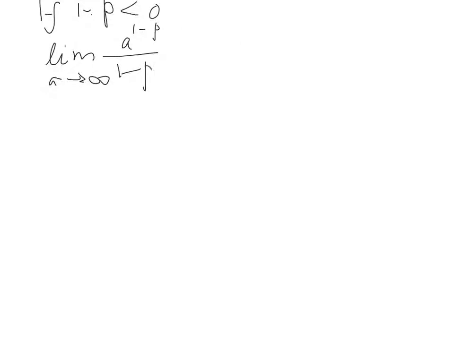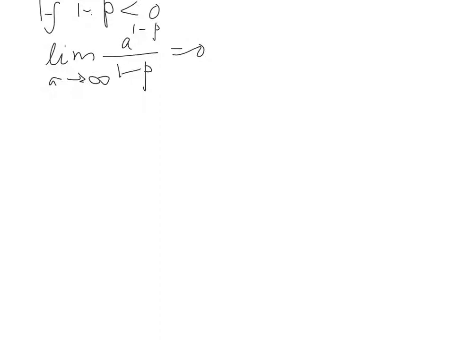If 1 minus p is less than 0, then the limit as a approaches infinity of a to the 1 minus p over 1 minus p is equal to 0.